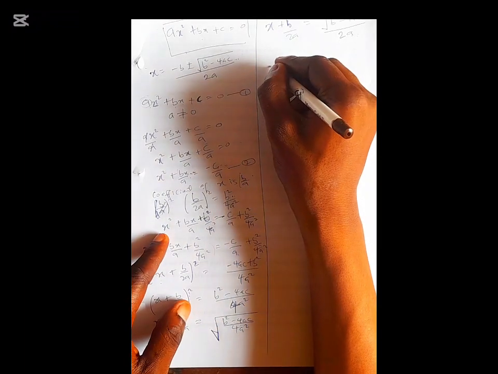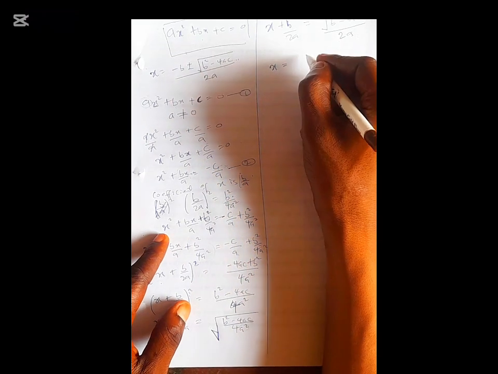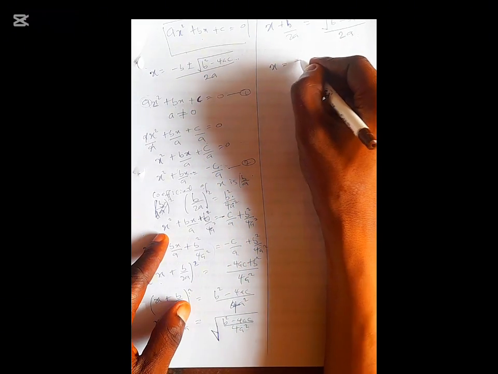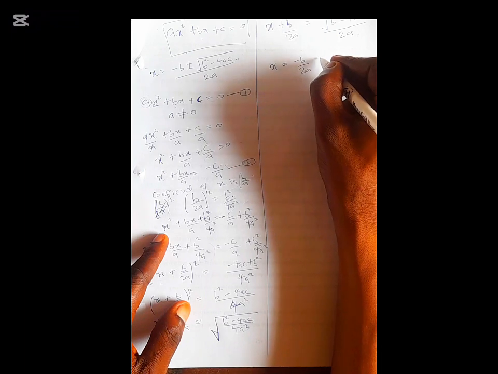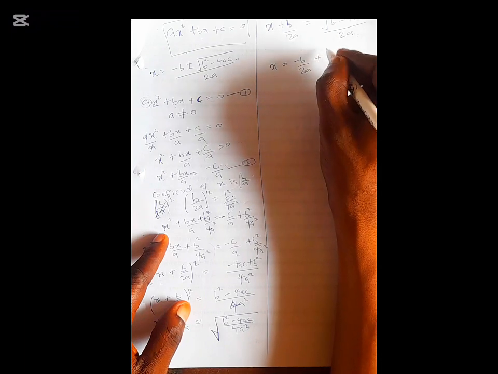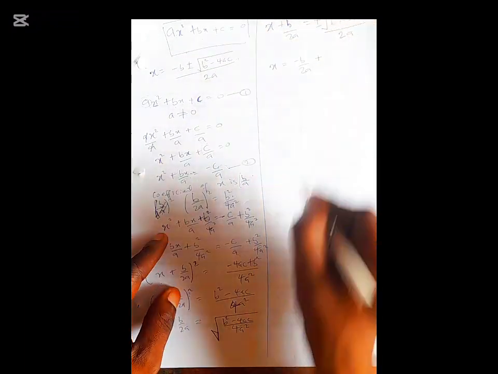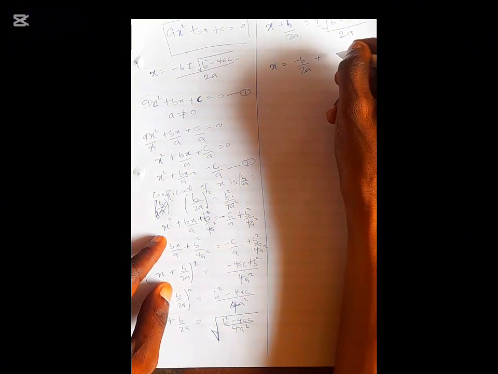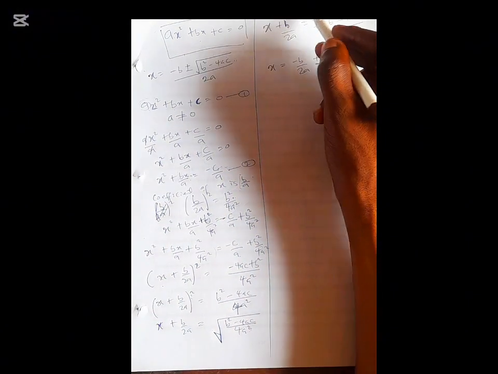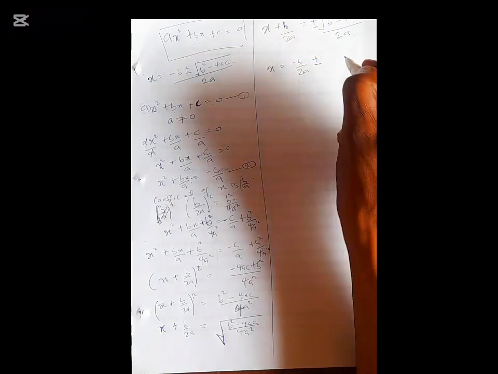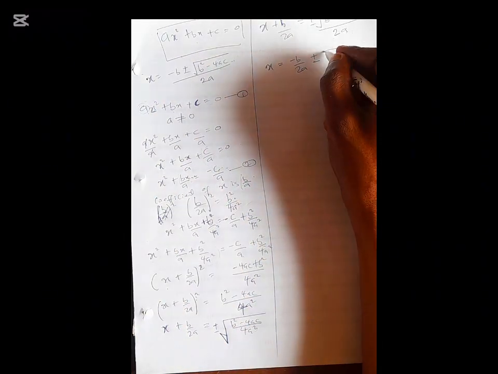So we have x is equal to minus b over 2a, just to make it equal to the formula, plus or minus, since the square root of a number is plus or minus. So let me just add it in: root b squared minus 4ac all over 2a.